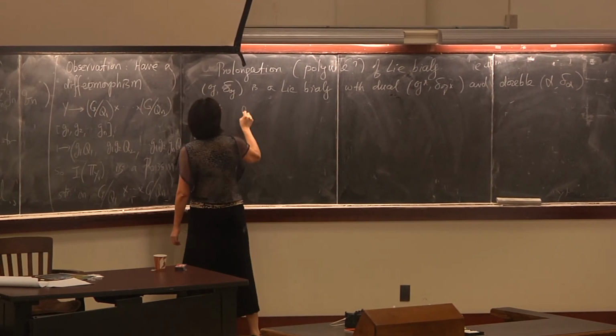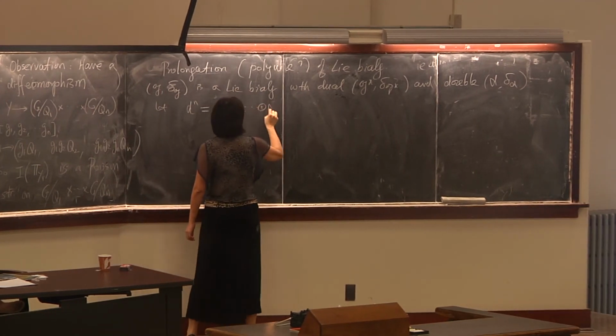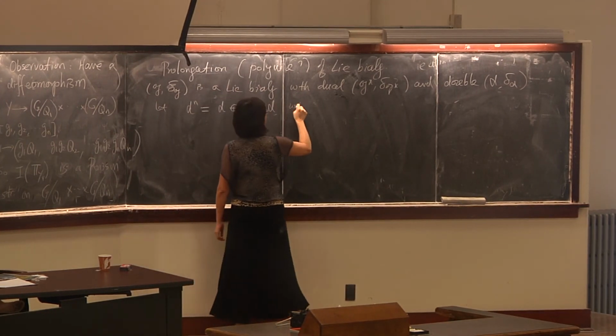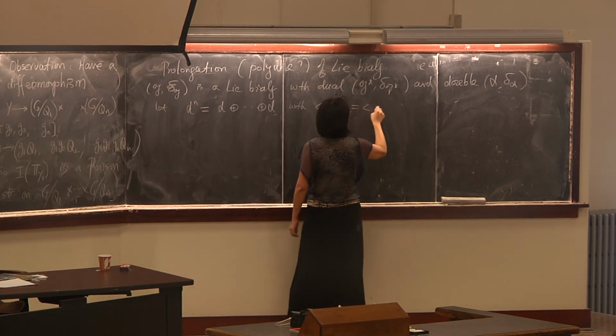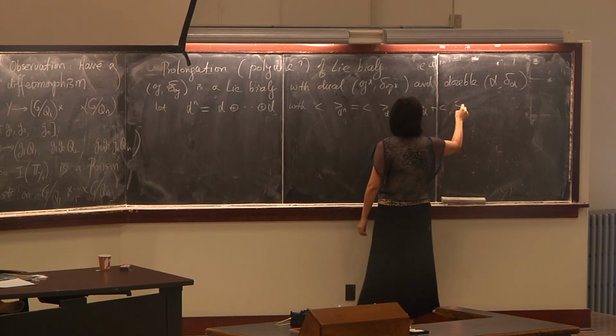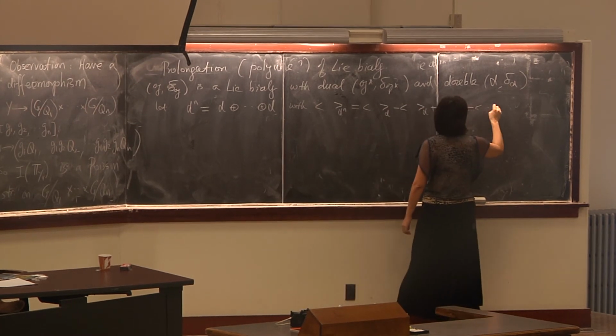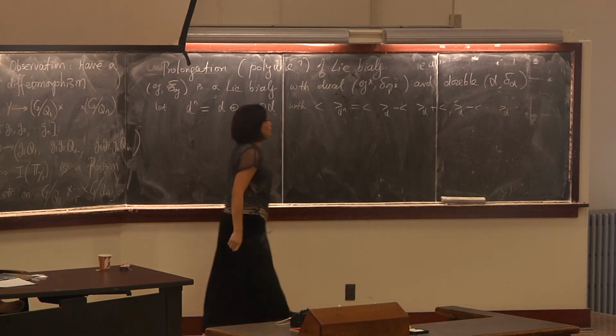Let D^n be n copies of D, with the bilinear form given by the alternating sum of the original one.